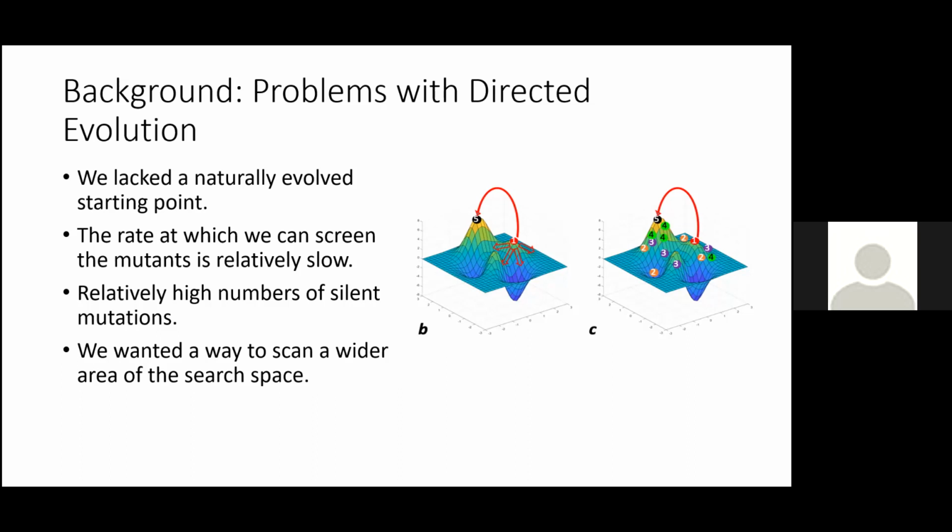Additionally, the screening rate of us looking at these different mutants and different variants is fairly slow. It would take me about 4 hours to scan 10 peptides. Directed evolution is most commonly used in stuff like analyzing fluorescent proteins, where you can go through literally millions in a few hours.